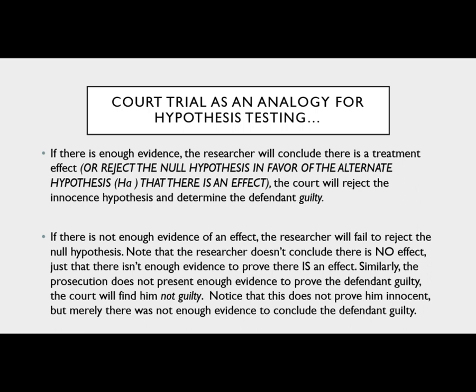If there's enough evidence, the researcher will conclude that there is a treatment effect, or what we call reject the null hypothesis in favor of the alternate hypothesis, which is denoted H sub A, or sometimes you'll see H sub 1 in the book, that there is an effect. Just like if there's enough evidence, the court will reject the innocence hypothesis and determine that the defendant is guilty.